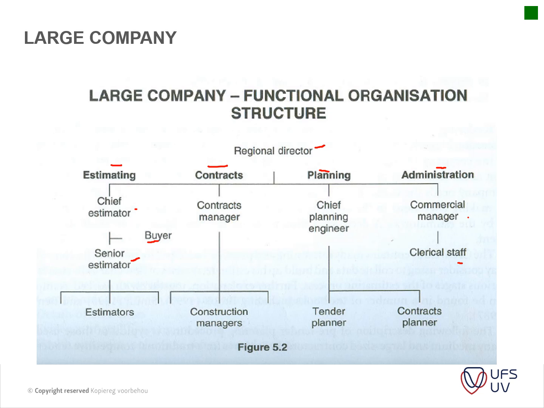So usually your buyer might supply your senior estimator with some information, but the actual order for packaging material to be ordered for a specific site goes through a buyer. So the buyer is not necessarily a QS.